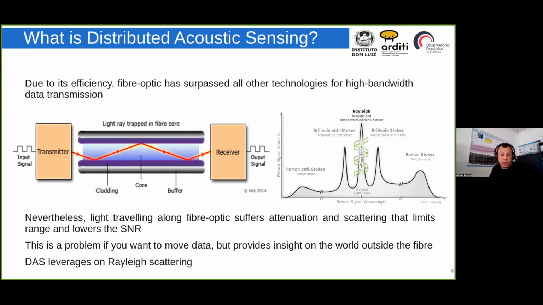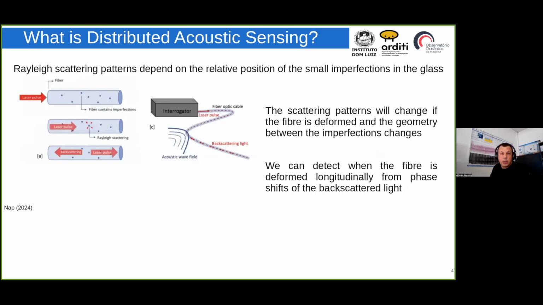That is one of the reasons that we have repeaters. Giuseppe showed the way to use those repeaters as limits for sensors, but we can also use the backscattering of the light to detect some perturbations on the fibers.